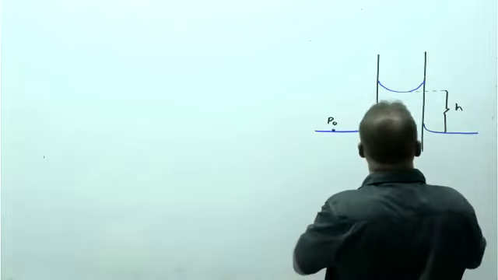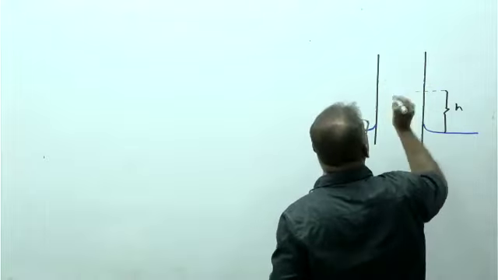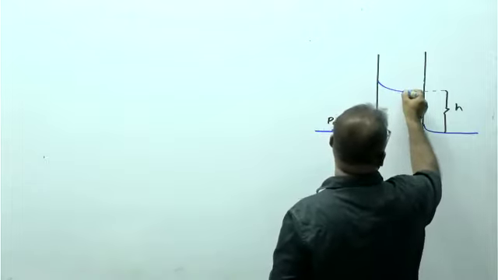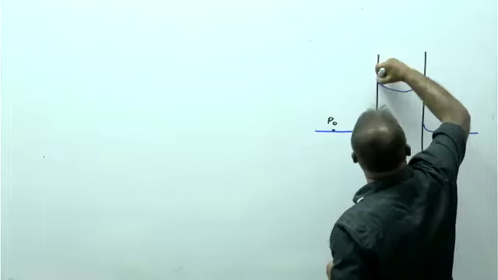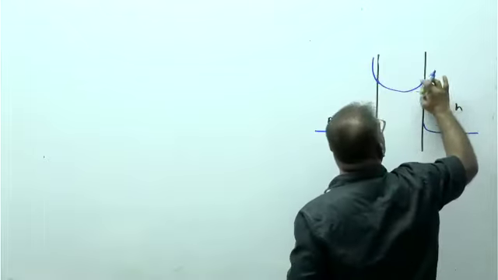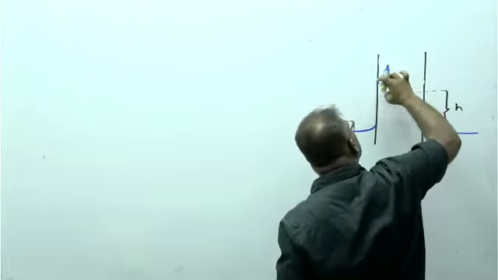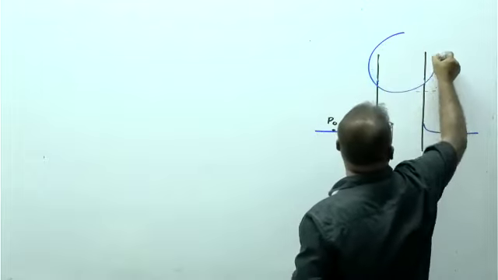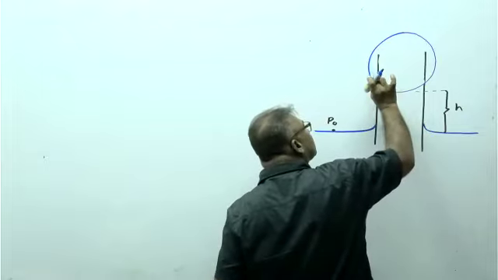But when we draw the complete surface of the meniscus, the complete spherical path of the meniscus, here we have the meniscus, right?